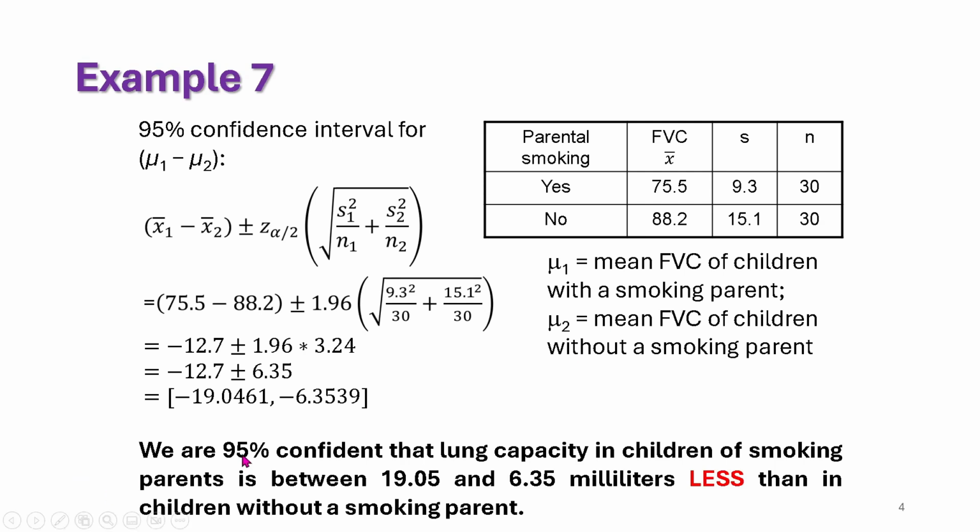We are 95% confident that the lung capacity in children of smoking parents is between 19.05 and 6.35 milliliters less than in children without a smoking parent. This is a negative range because we use population 1 deduct population 2. Population 1 is smoking, so they have the lower mean. The lower deduct the higher, that's why it is in the negative range.